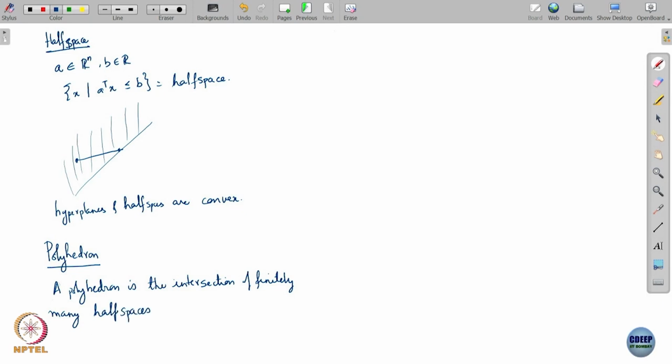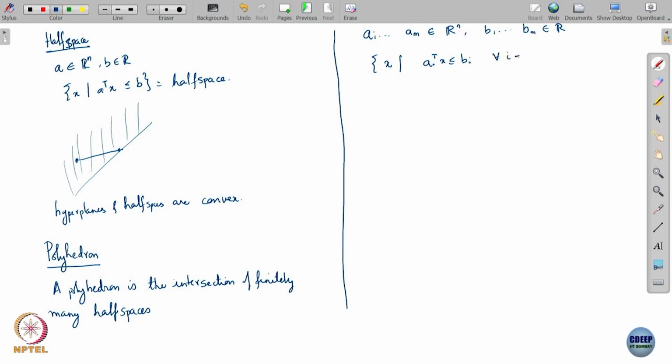What that means is I need vectors a1 till am, all belonging to Rn, and I need b1 till bm, all scalars. Then you look at the x's that are common to the m half spaces created by these parameters, right. So, x such that ai transpose x is less than or equal to bi for all i from 1 to m.